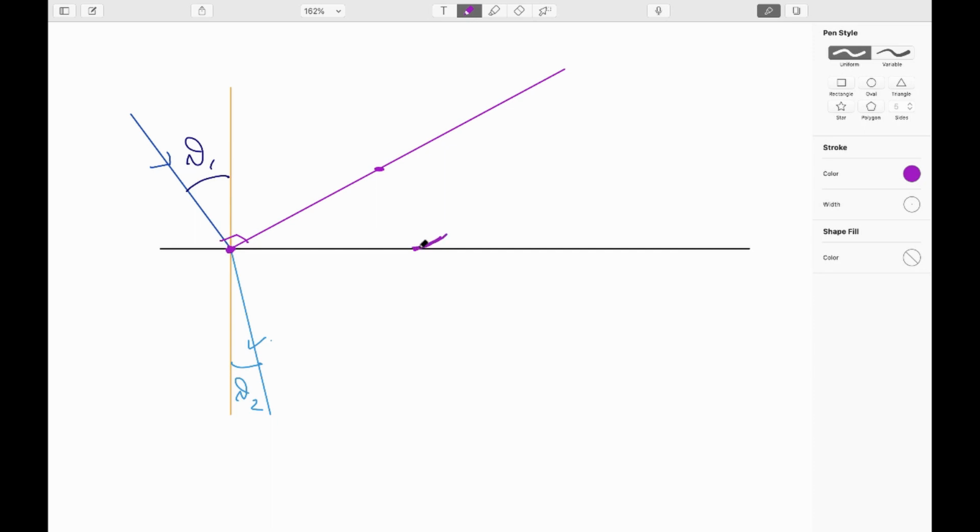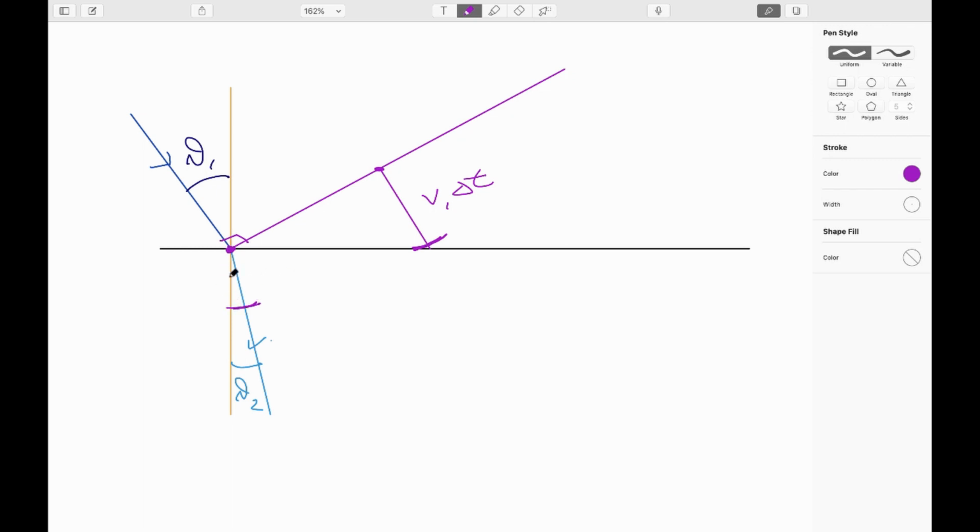Now let's take a look at the time it takes for the wavelet to make it to the medium. So the distance it will have traveled doing that will be v1 delta t, where delta t is just however long it took for the wavelet to propagate from here to there. And v1 is the speed of light in medium number 1. Okay, at that same time, the wavelet here would have traveled a shorter distance, say maybe this far.